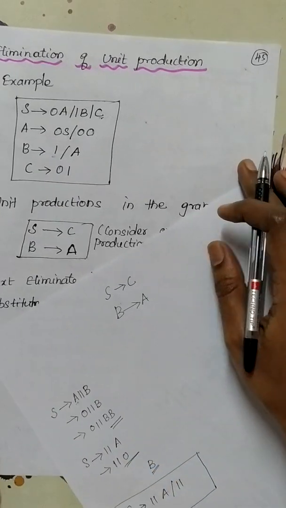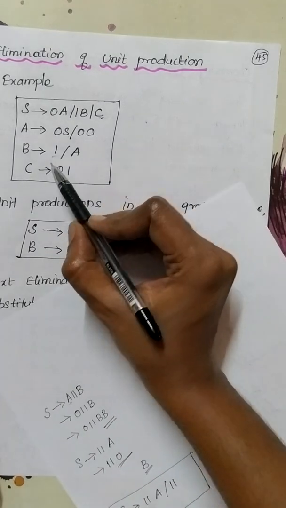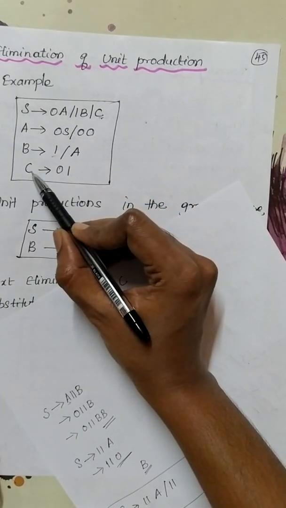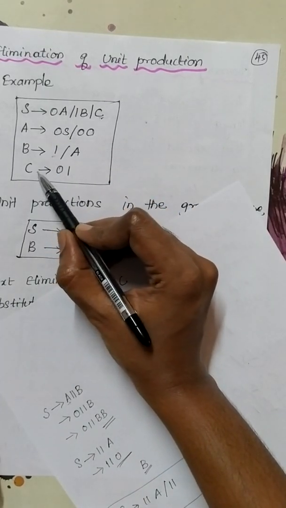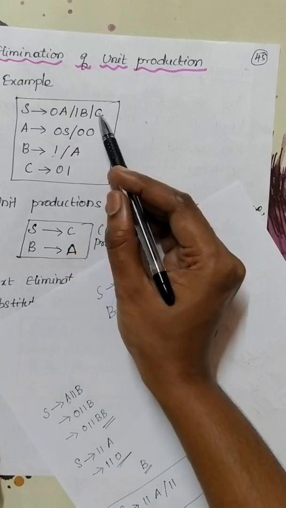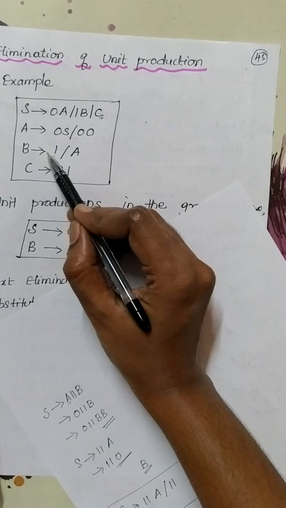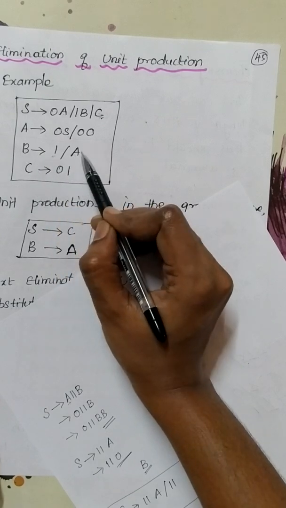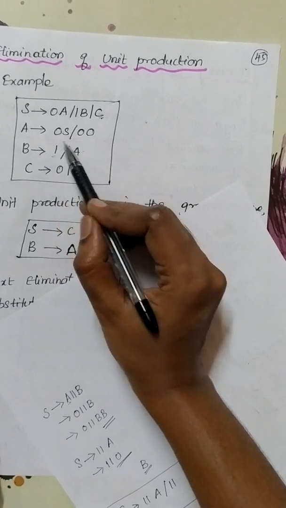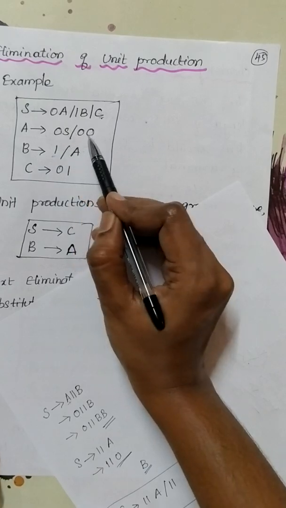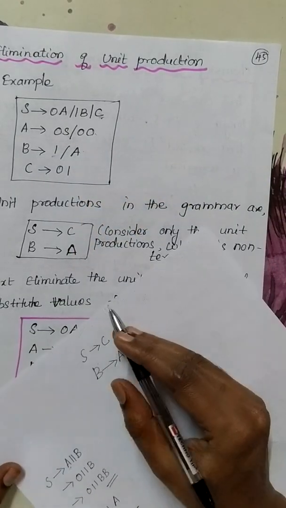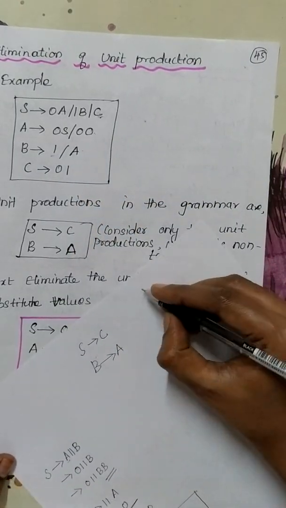How can we eliminate them? We are going to substitute the C production, C tends to 0, 1, on this C, and in B we are going to substitute this A, 0S or 00. So in this way we are eliminating the unit productions.